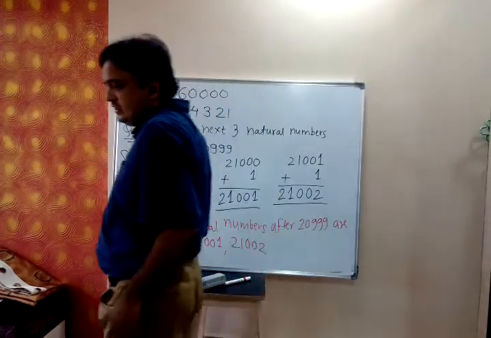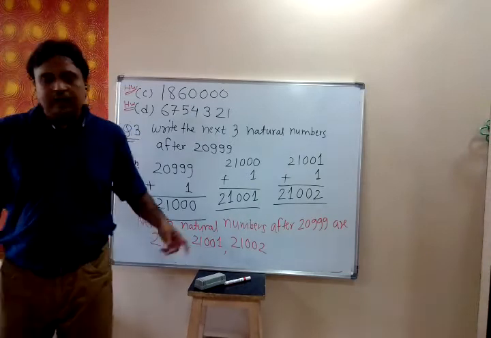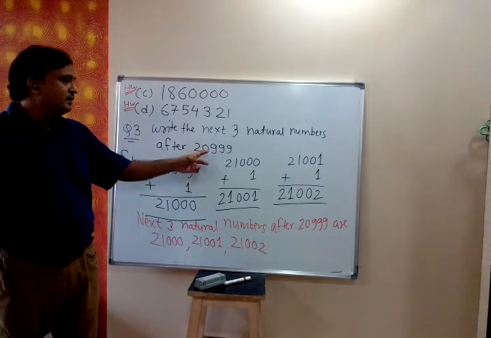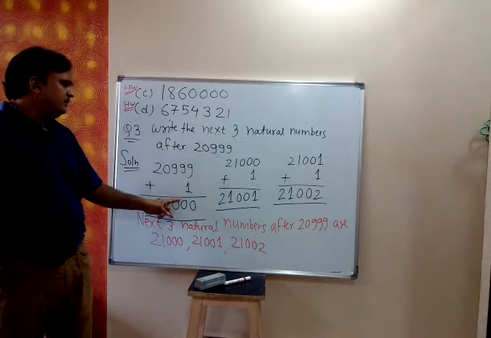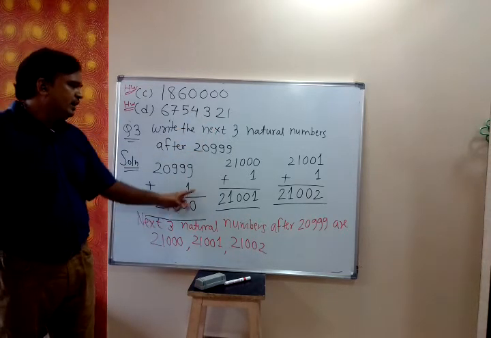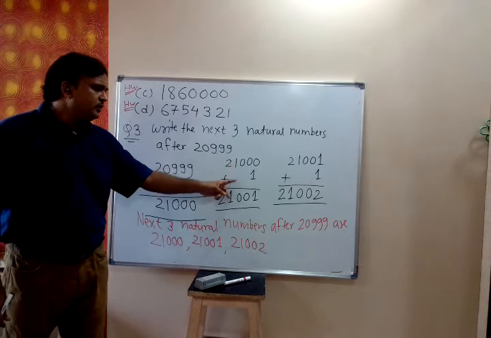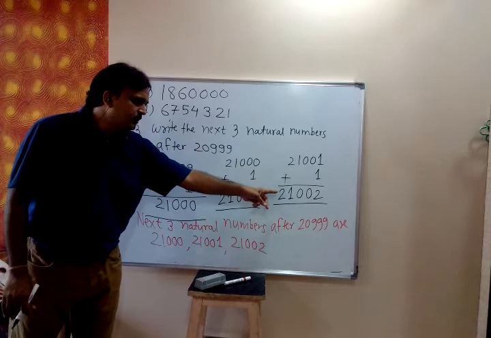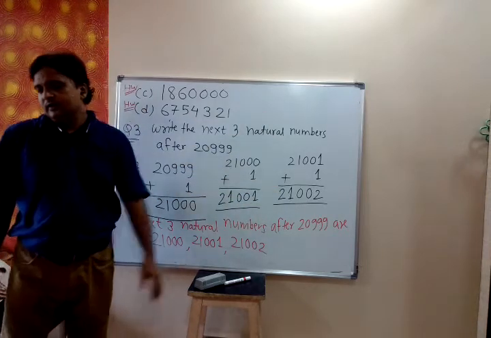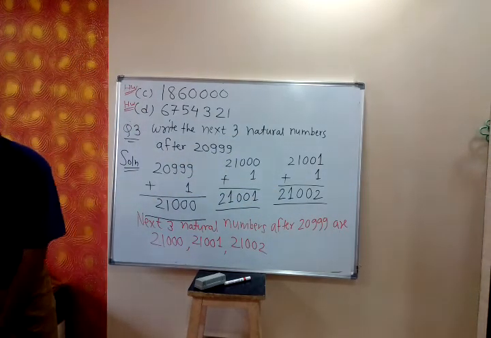So write the next 3 natural numbers after 20,999. To get the next 3 natural numbers, I will add 1, I will get 21,000. Add 1 to 21,000, you will get 21,001. To this 21,001, add 1, you will get 21,002. So in this way we get the next 3 natural numbers.